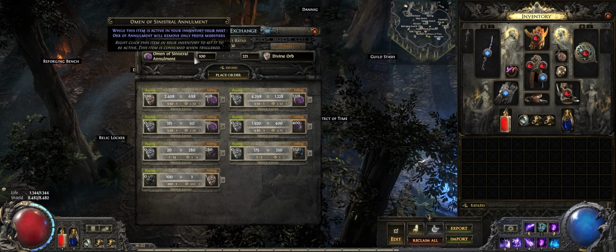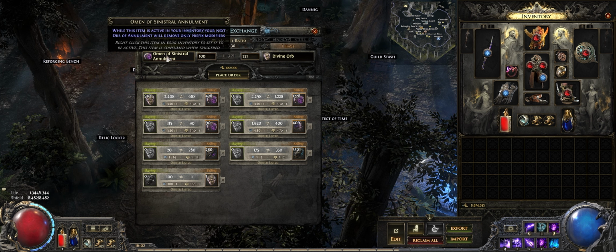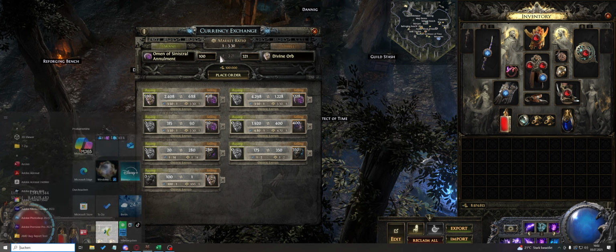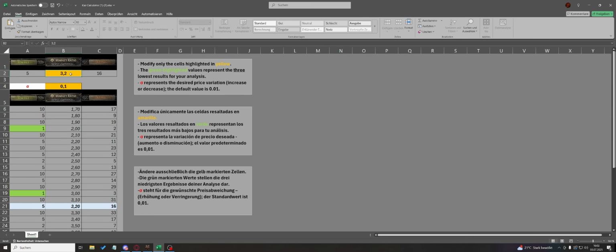And for that you might not need that much of that currency. So with the Kaz Calculator we can simply put that value into this column right here, so 3.21, and then let me reset this to standard.